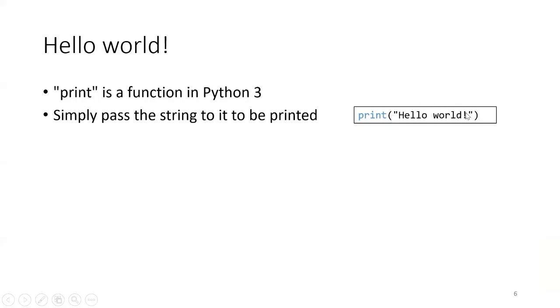We will see later on that we can have numbers in it that are not fixed. For example, we can put some variables of the program inside the string that we want to print out. So now let's see what variables and data types are in Python and how we can use them.